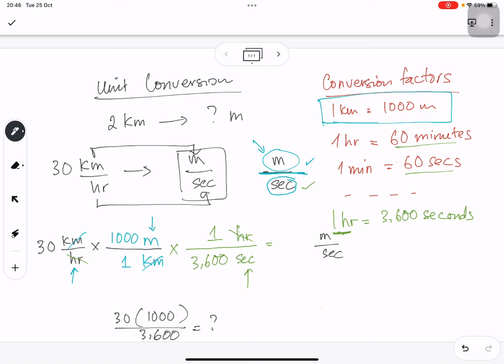And we have 8.33 meters per second. So that's our final answer.